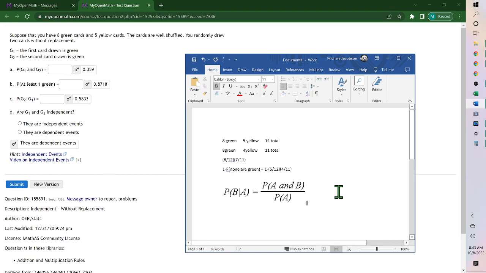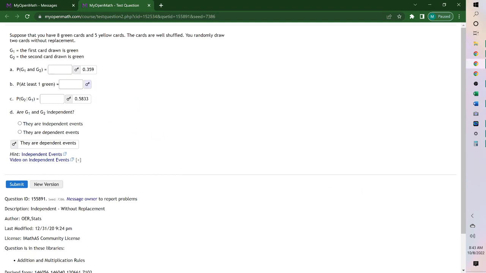The last one's a little bit different. You need to use a conditional probability because we have a given part. So the probability the second one's green given the first one is green. You take the probability of both of them, which we did. That was 0.359.